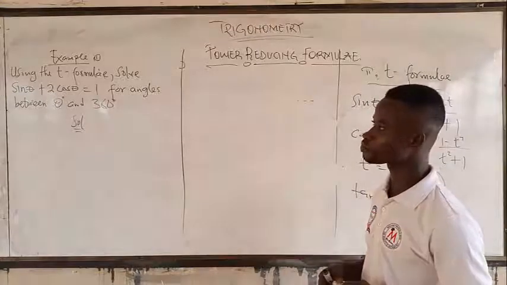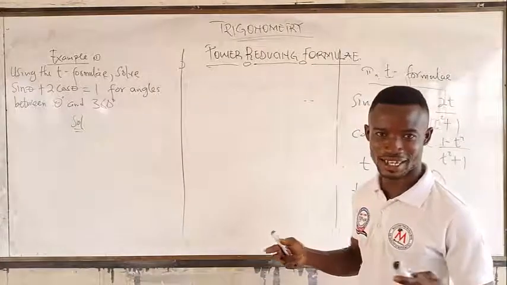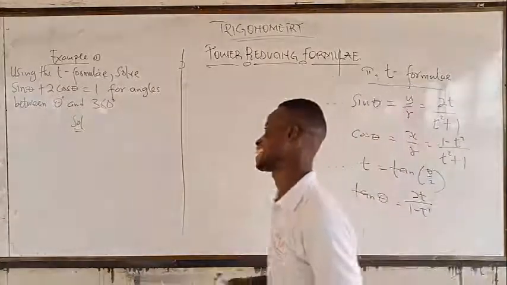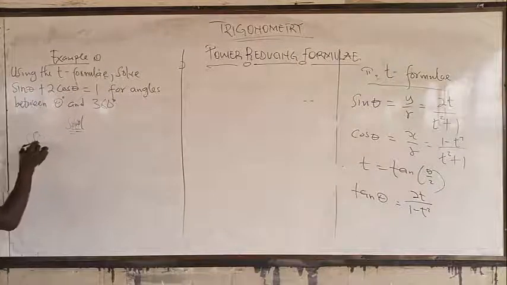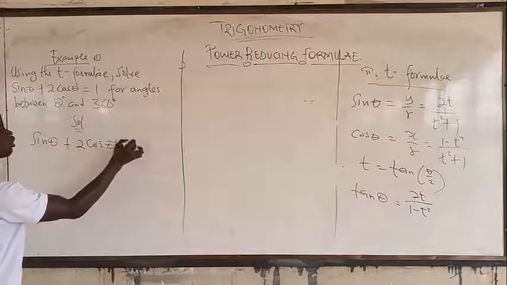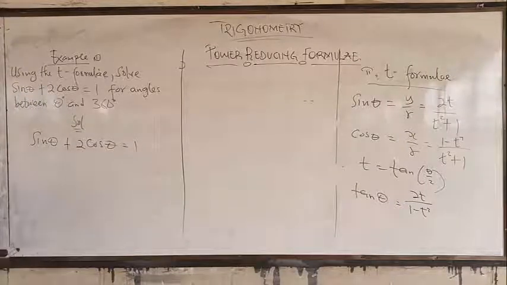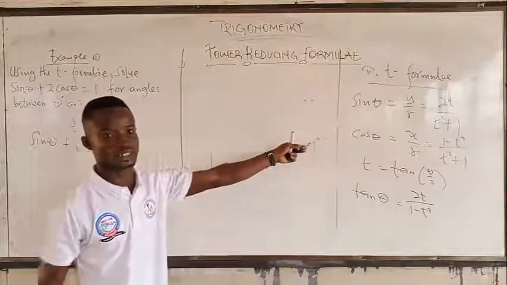Wow. How do we do this? It's just like how we do this. Let's move on. So now we have sine theta plus 2 cos theta to be equal to 1. Very good. So we are using half angle, sorry, T formula.